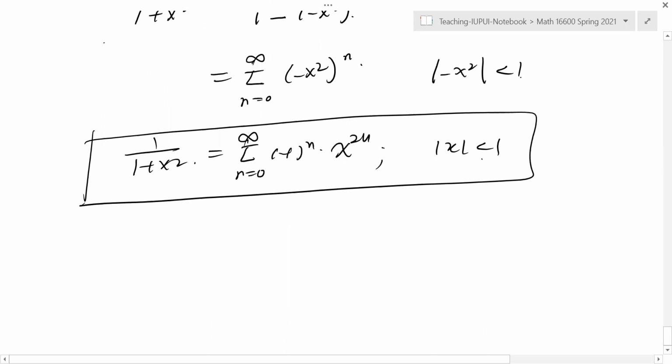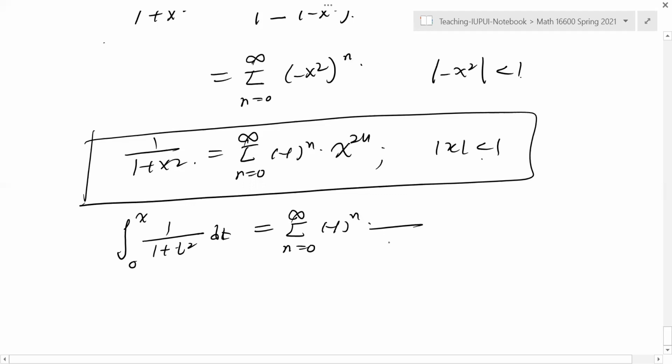Then there's a byproduct. Why? Well, I can integrate on both sides. So the integral of 1 over 1 plus t squared dt from 0 to x is going to be the sum of negative 1 to the n, and integrating each term I get x to the 2n plus 1 over 2n plus 1. And that holds for absolute value of x less than 1.